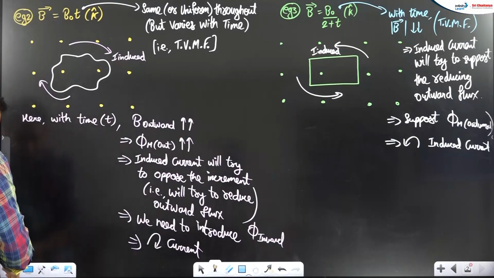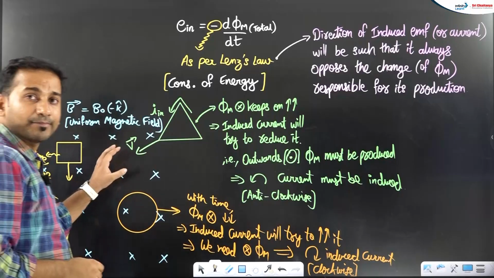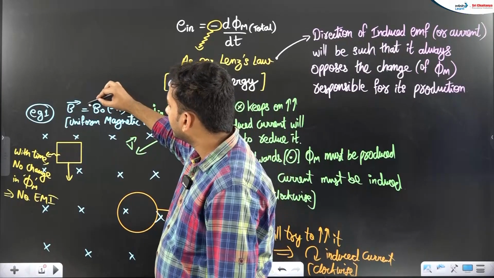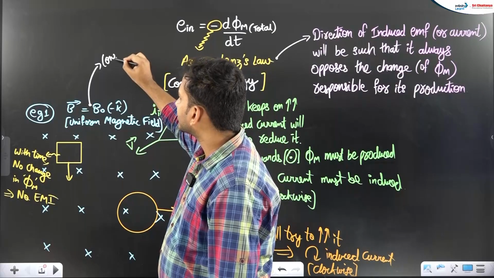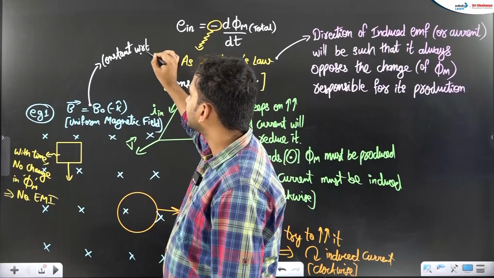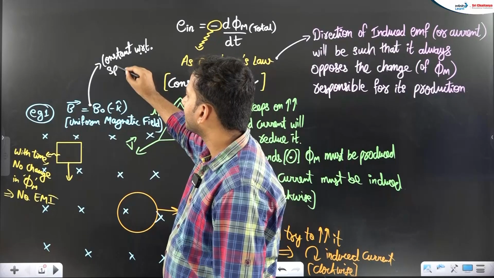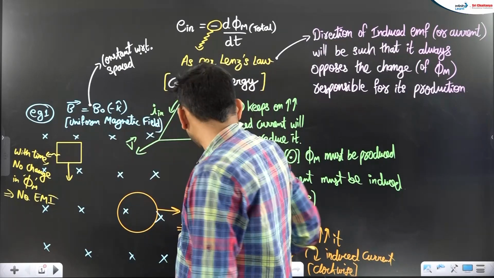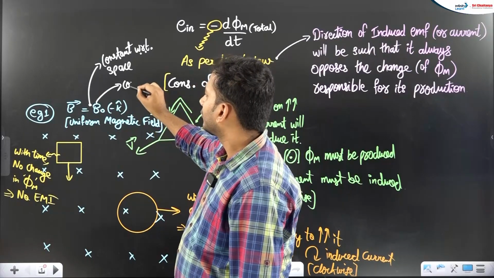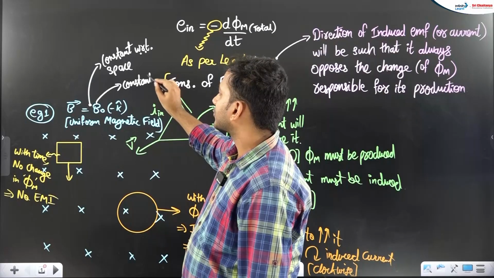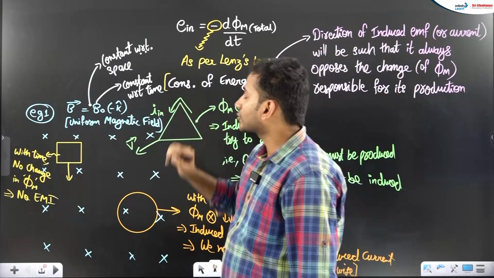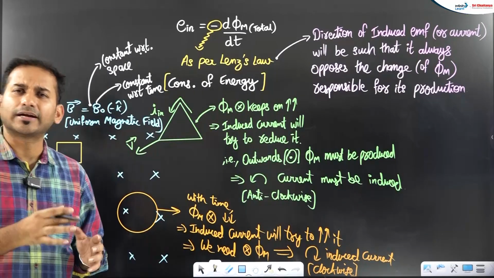Alright. So in the first example, what we have learned is that this magnetic field, you can say, is constant with respect to space or location, and it is constant with respect to time also. So the magnetic field was constant or variable, it doesn't matter a lot to us.